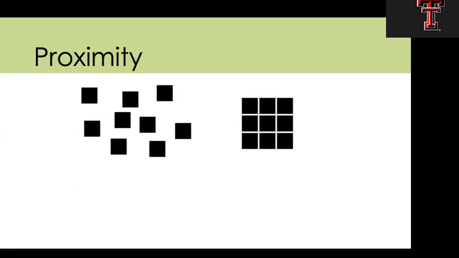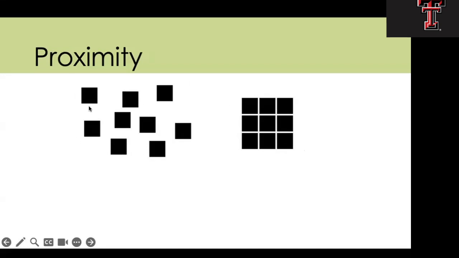Proximity is when you put them together, with the same distance between the sides and the bottom, so that all of them are exactly lined up like this. This takes on meaning now. Think of all the things you could call this. You could call it a Rubik's Cube, a window, tic-tac-toe. I don't know if that's a thing anymore, but now it has a meaning.